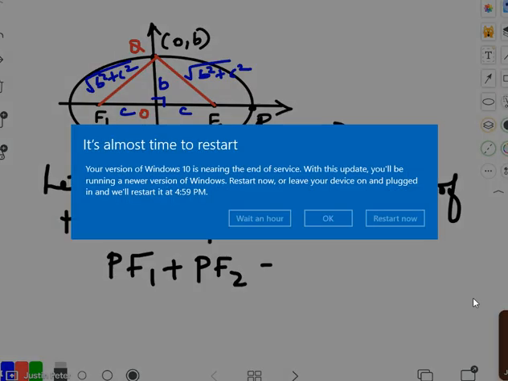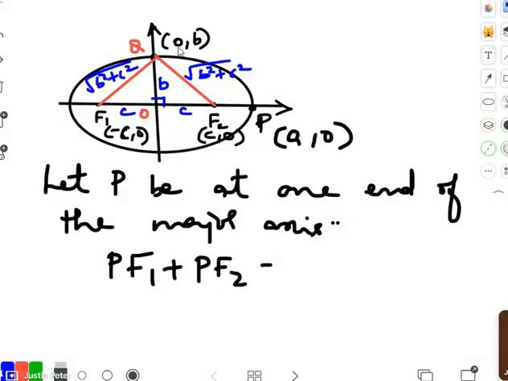An ellipse is nothing but the set of all the points whose sum of the distances from the two fixed points in the plane is always the same, right?